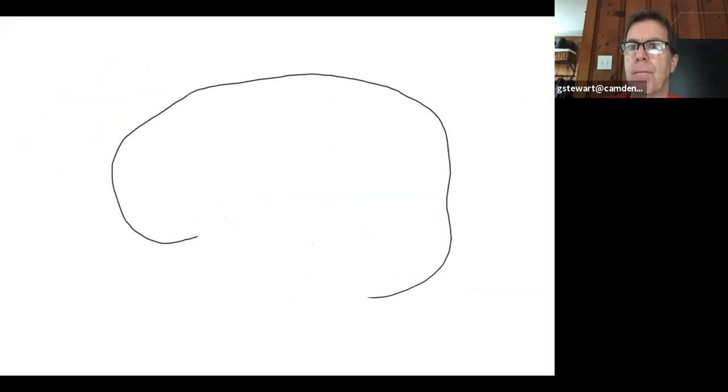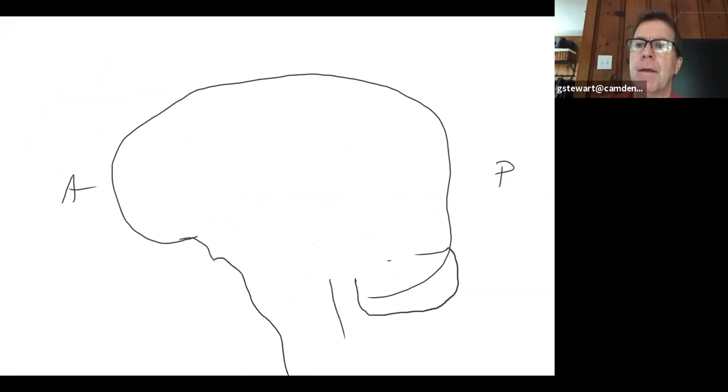So I'm going to layer over this one. I'm just looking at my notes about what I covered yesterday. And let's just draw another quick outline of the brain. This is anterior, posterior. This is the cerebellum hanging down here, brain stem.